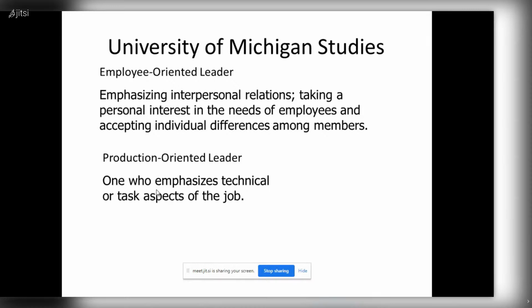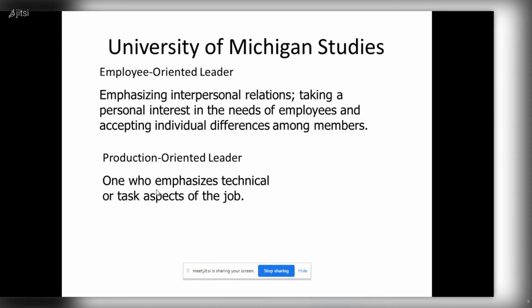They also came up with two dimensions of leadership behavior: employee oriented and production oriented. Leaders who were employee oriented were described as emphasizing interpersonal relationships.